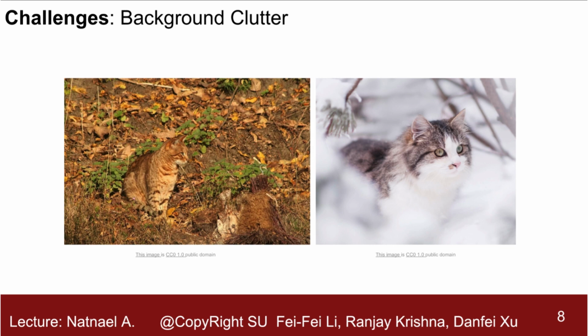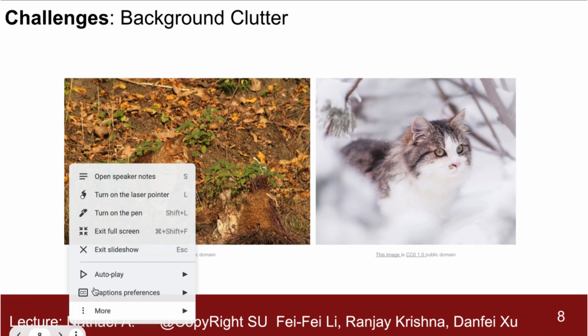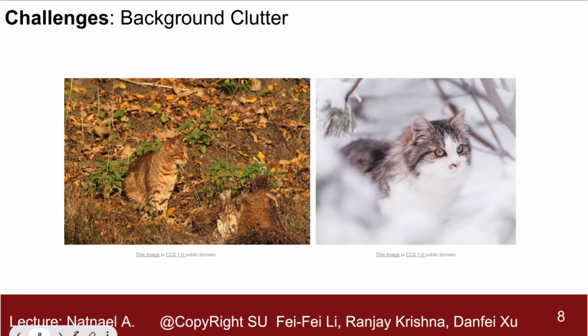Similarity between foreground image and background image is also one of the most challenging things in computer vision, which we call background clutter. For instance, in the image to the right of the screen, there is something which looks like snow in the background, right?